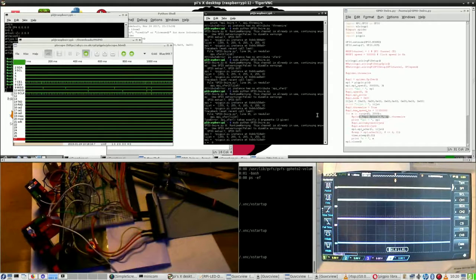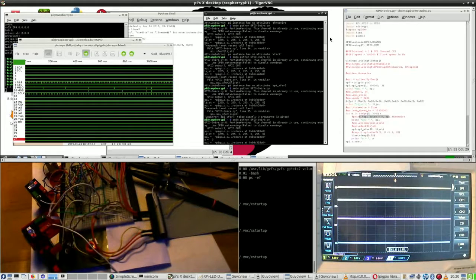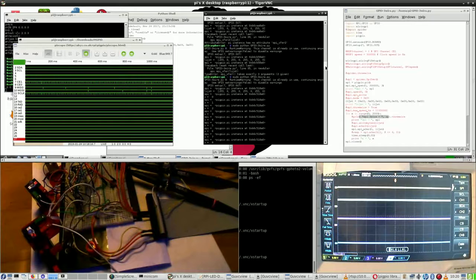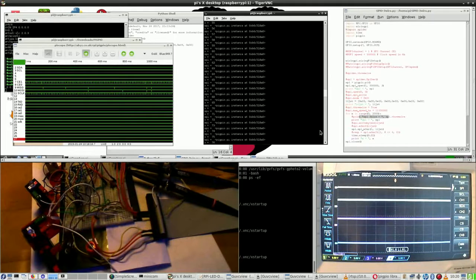And then it says runtime channel is already in use. But there you go. And not just that, this happened as well. And on the oscilloscope it happened.